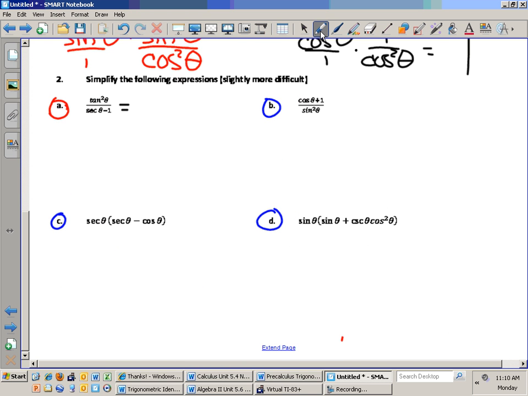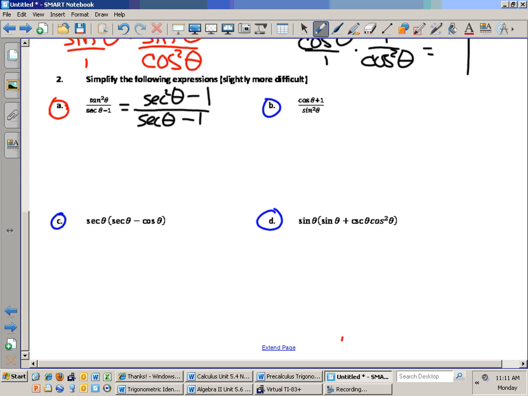So I'm going to rewrite this as secant squared of theta minus 1 over secant of theta minus 1. All I did is instead of writing tangent squared, I wrote secant squared minus 1.